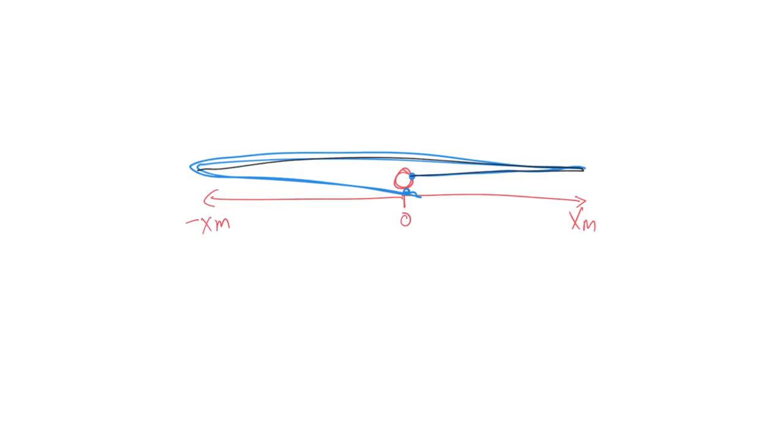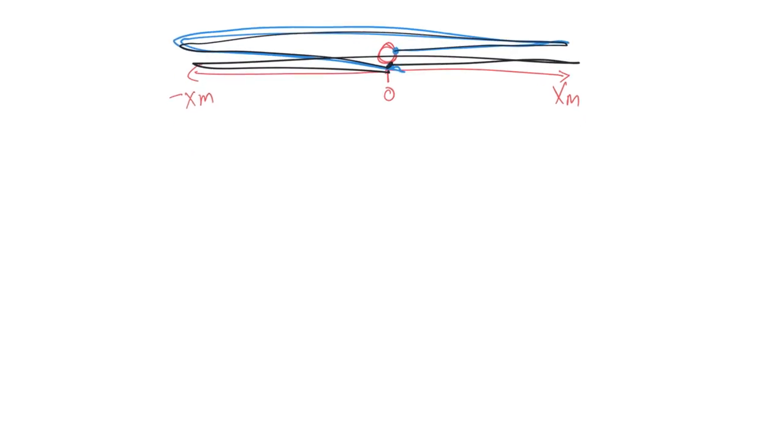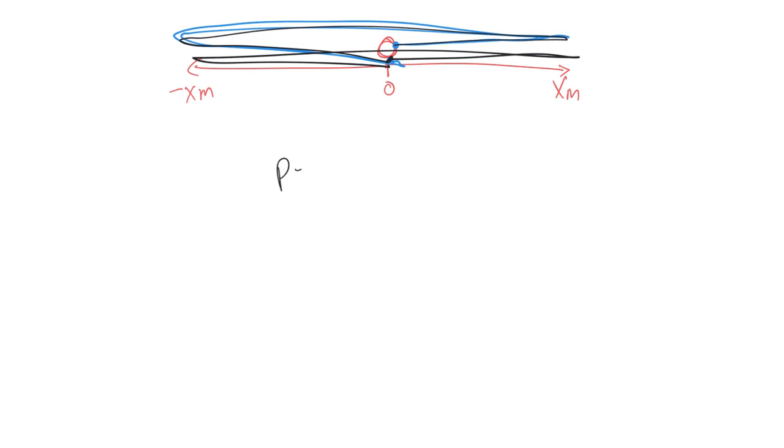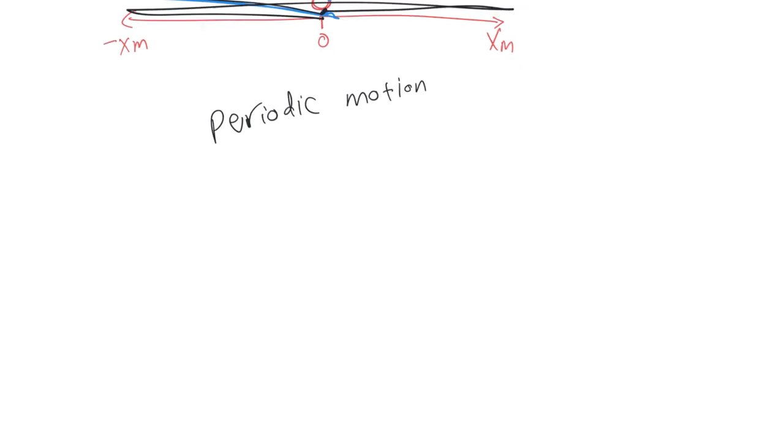That means again to the right, to the left, and then to the reference point. If this motion is repeated regularly in the same interval of time, we can say we have a periodic motion or harmonic motion. Okay.